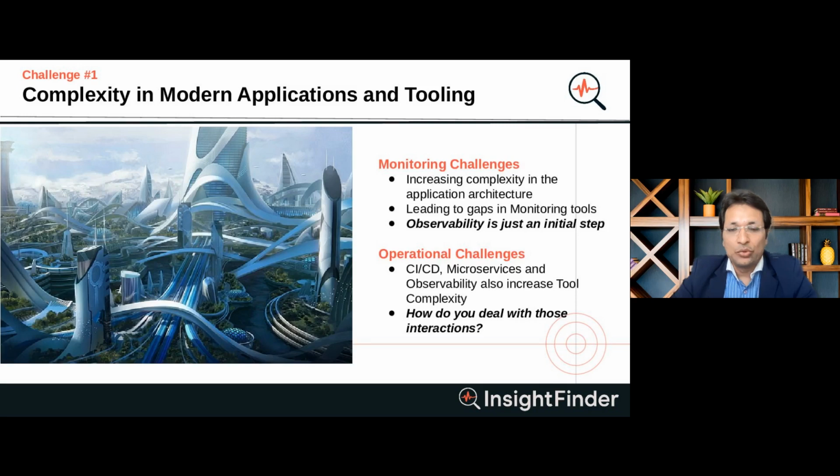Let's deep dive into our first challenge here, which is modern architectural complexity. There were times when we used to have monolithic architectures and everything used to run on one server. How easy it was to monitor that kind of system.